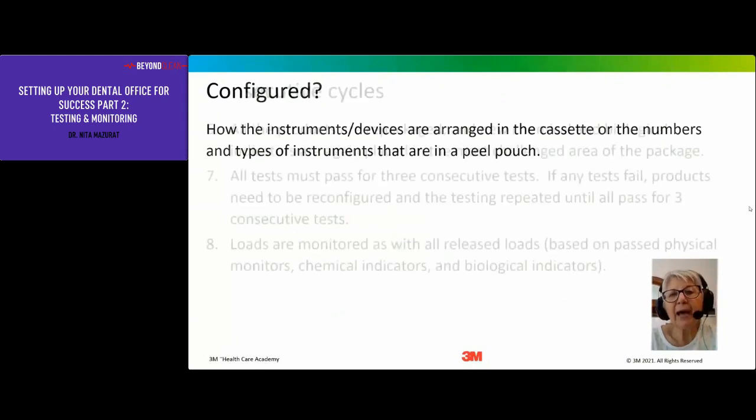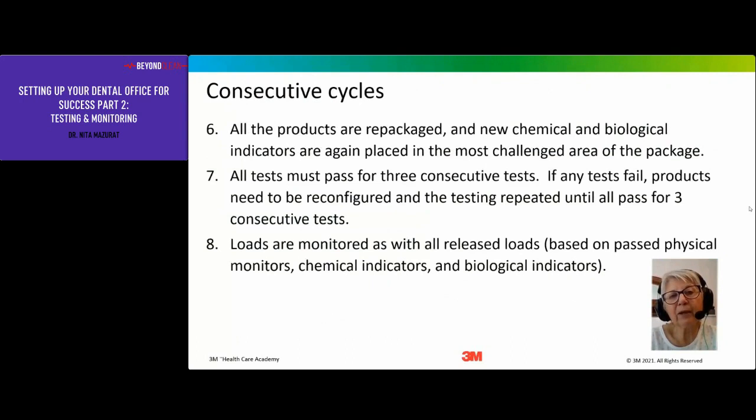All the products are repackaged, and new chemical and biological indicators are again done. So you remember, because you're doing this three consecutive times, you need to have passes for 3 consecutive successful tests. If any tests fail, products need to be reconfigured, so you need to know where the problem was. So if you had multiple BIs in the cassettes, you should label them so that you know where they were.